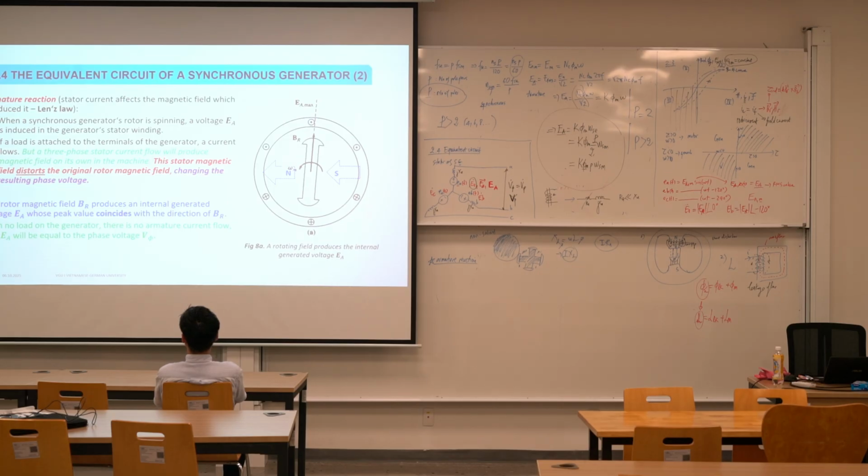Where is the stator current? Let me explain to you here. We have the rotor, maybe this is S, this is N, and we have the field winding. This is positive, negative. This is IDC, or we say IF or IR, the rotor current, right?